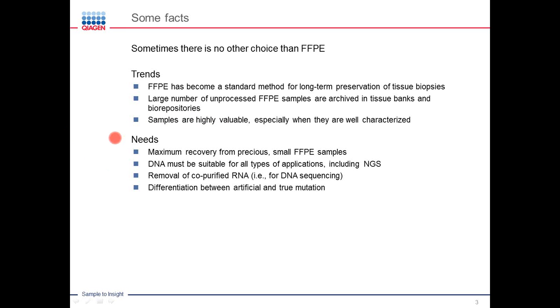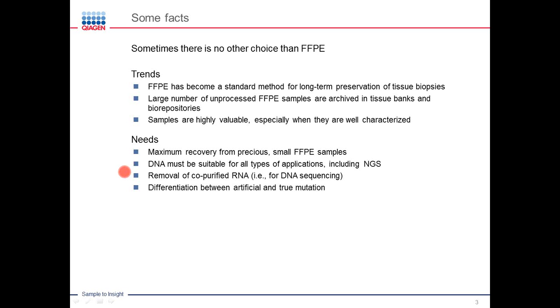When it comes then to the needs of researchers working with FFPE samples, optimal and maximal recovery is especially important, since in a lot of cases these samples are very small and non-retrievable, I would say. And in the ideal world, DNA purified from such samples shall be usable for all types of downstream analysis technologies, including, of course, NGS, which also means co-purification of RNA shall be avoided whenever possible.